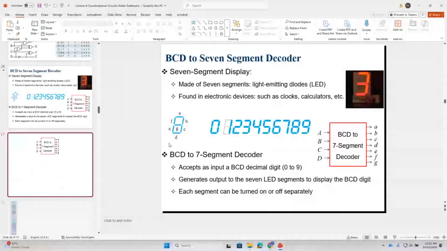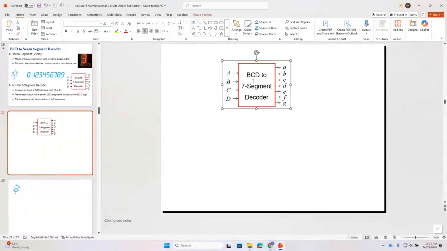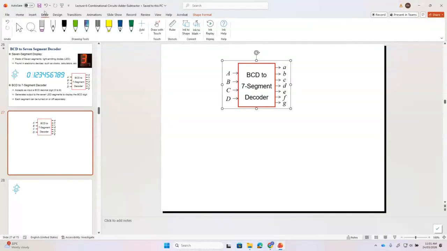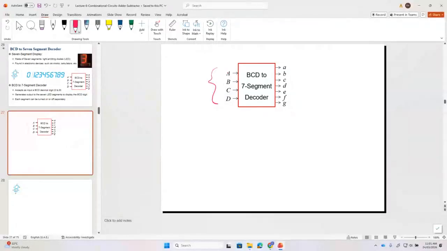This is my input. What is my input here? Anyone? Please talk. A, B, C, D. My input is BCD. So this is a BCD code.